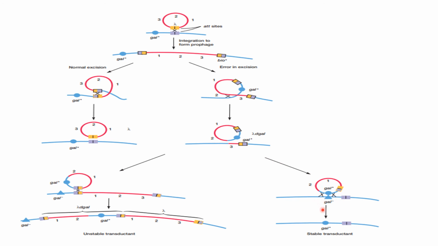there is gal minus gene here, so they are similar in nature, so they will undergo recombination, and this gal plus gene gets integrated in the place of gal minus gene. Now this is a stable transductant because here the gal plus gene has been introduced by the phage DNA in the recipient bacterial chromosome.